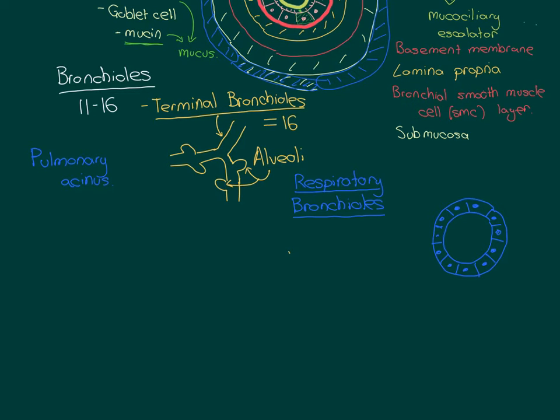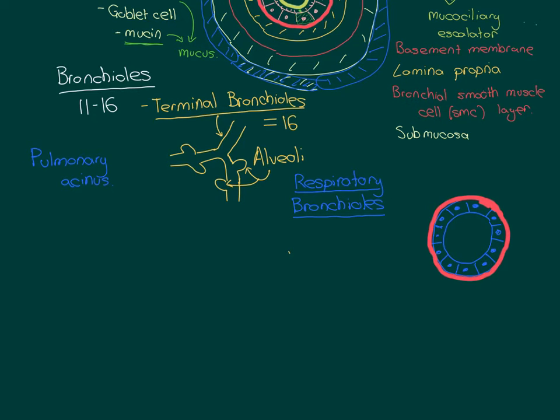So here, these are the columnar epithelial cells lining the lumen of the respiratory bronchiole. And of course, I'll put them sitting on a basement membrane as always. So here in red, this is the basement membrane, like so. Okay, and then surrounding the basement membrane, you'll then have the lamina propria.